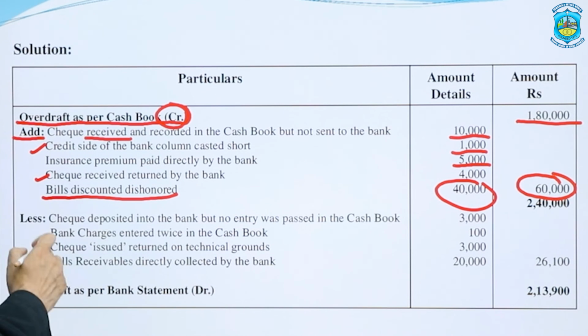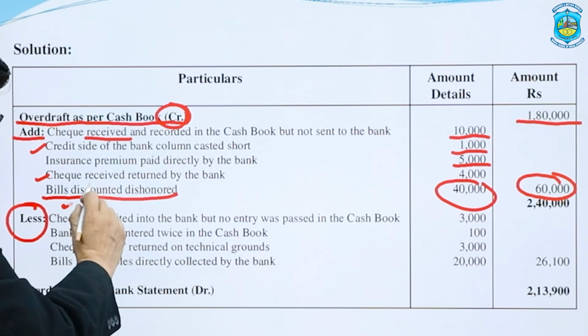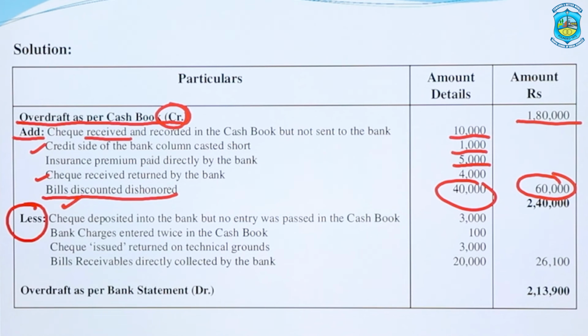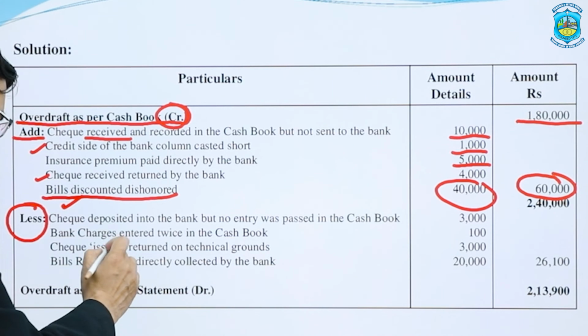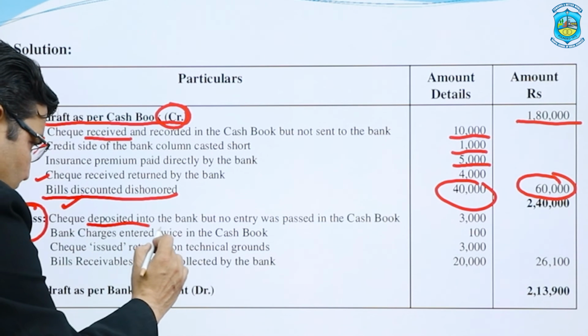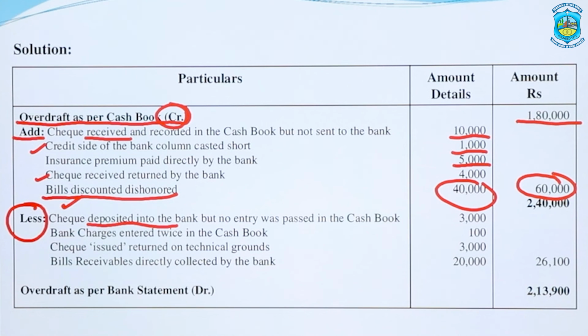And finally, some items which we will discuss now. First is checks deposited into the bank but no entry was passed in the cash book. We deposited these checks in the bank, but we did not pass any entry in our cash book.